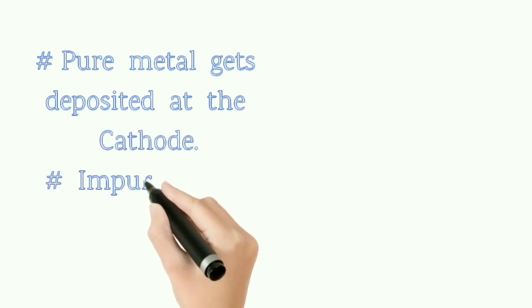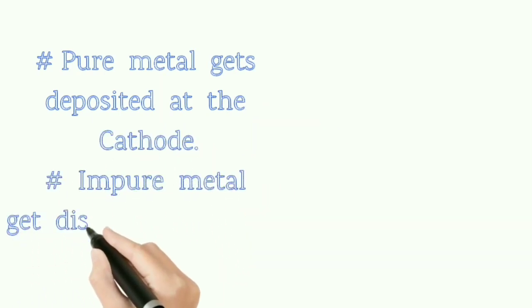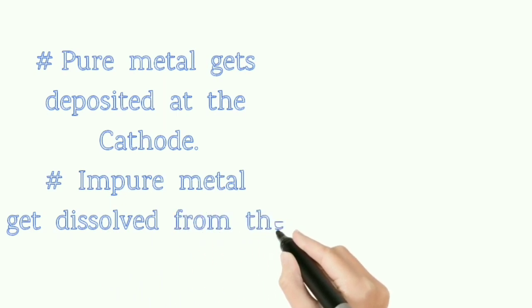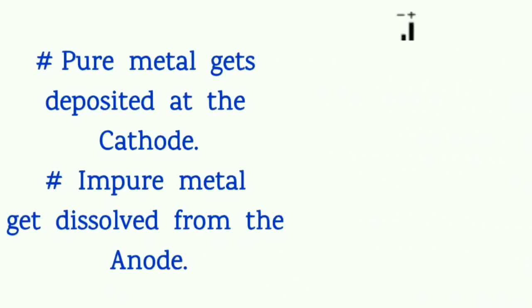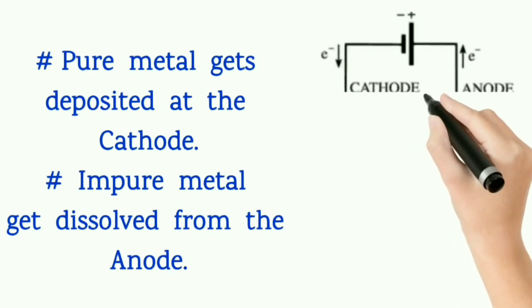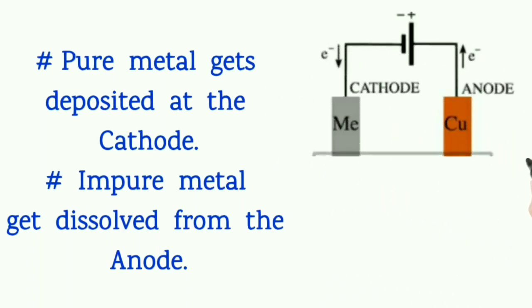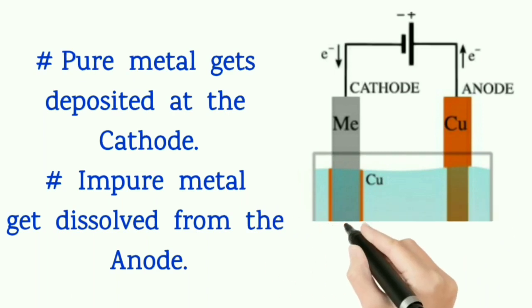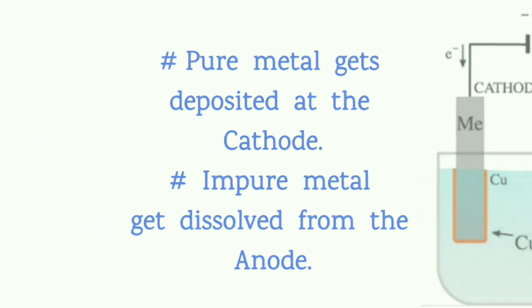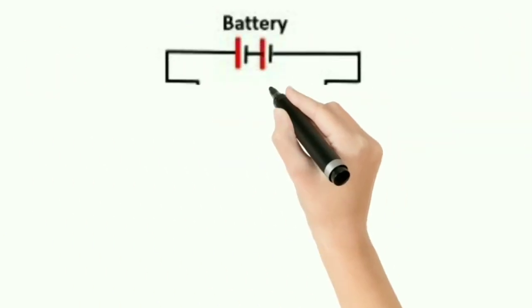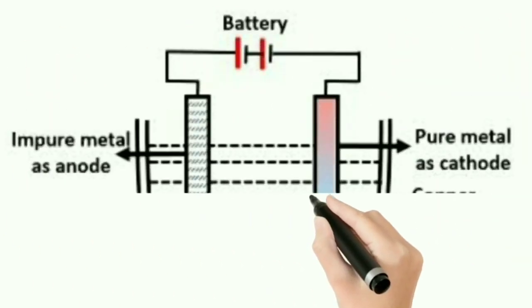So here when electric current is passed, the pure metal is deposited at the cathode and impure metal gets dissolved from the anode. See the electrolytic cell, pure metal எல்லாம் கேத்தோடில் டெபாசிட் ஆகும், இம்பியூர் மெட்டல் வந்து ஆனோட்ல இருந்து டிசால்வ் ஆகி அயான்ஸாக கேத்தோடு நோக்கி மூவ் ஆகும். இதுதான் அந்த ப்ராசஸ், ரிஃபைனிங் ப்ராசஸ்.